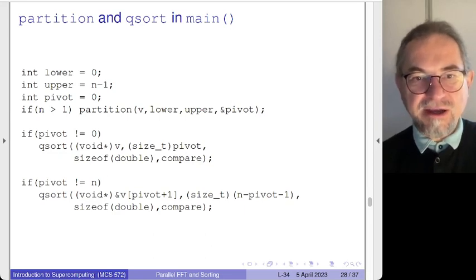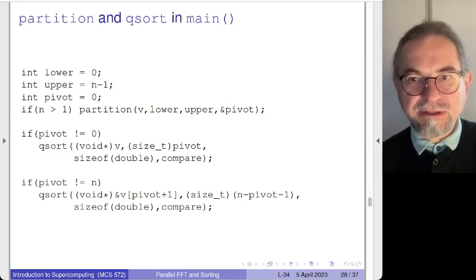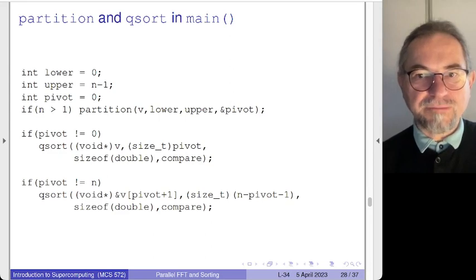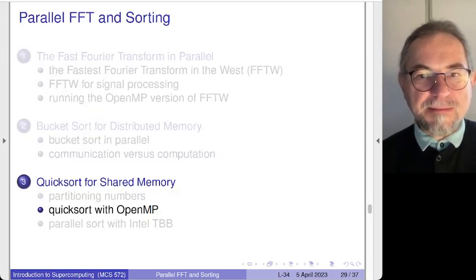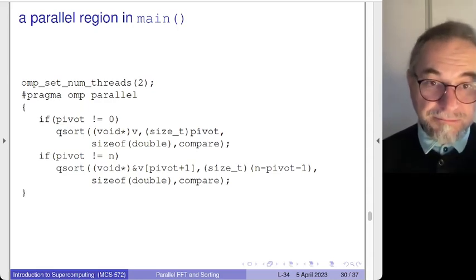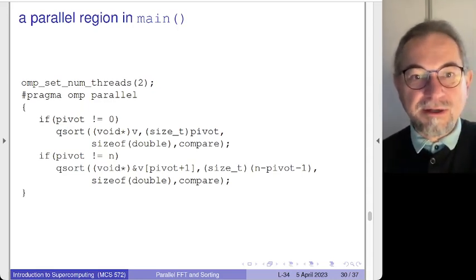I see that I have used the built-in quicksort function. So we have the quicksort, and now we can do the quicksorting in the parallel region.